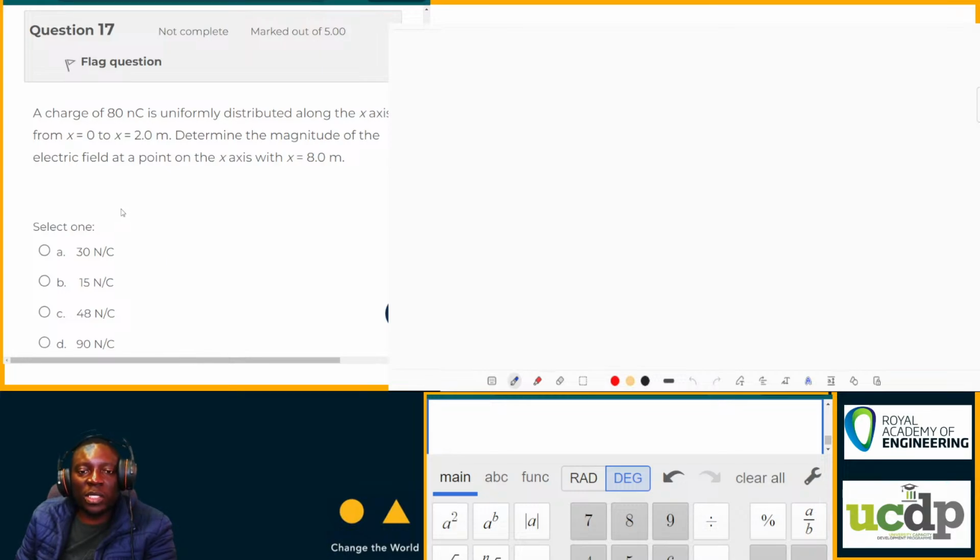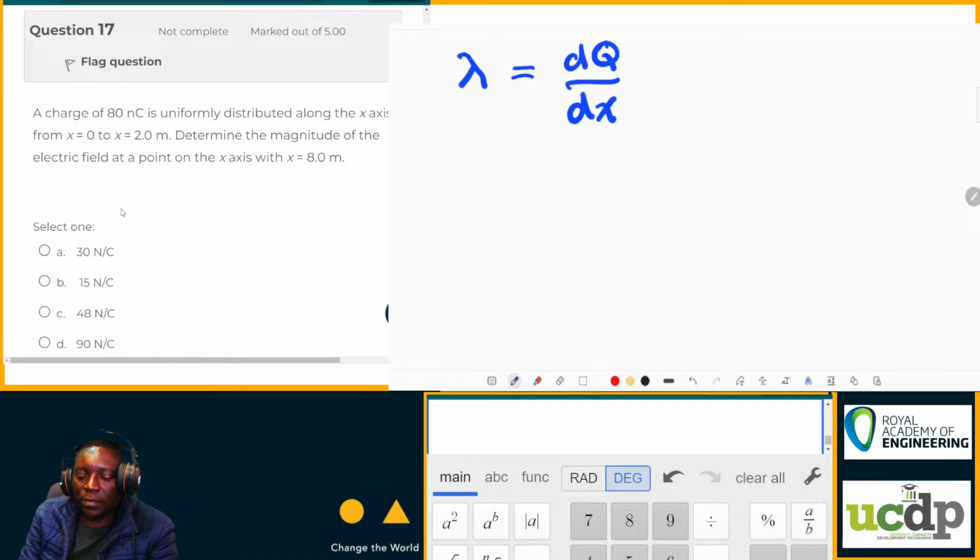With a uniform distribution of charge like this, if this is a linear charge distribution, like we are told it's along the x-axis, then the charge density is lambda, which is basically dq over dx, or over dl, which is the length. We can use x in this case because it's along the x-axis.